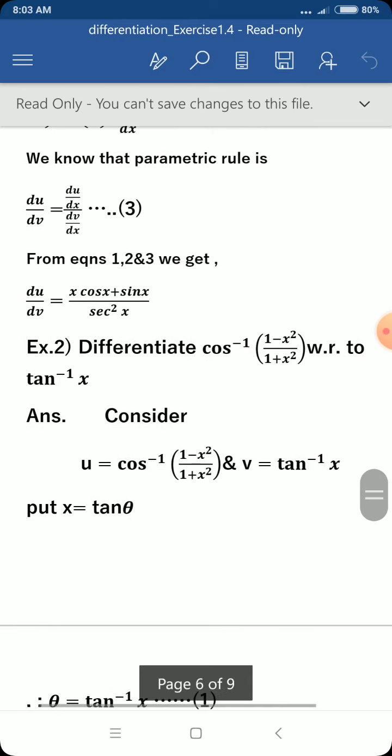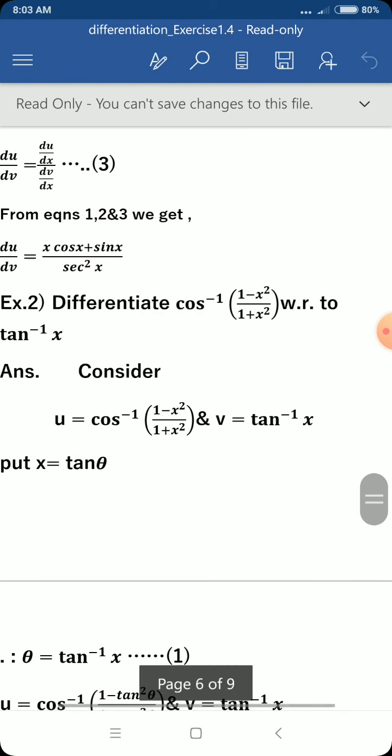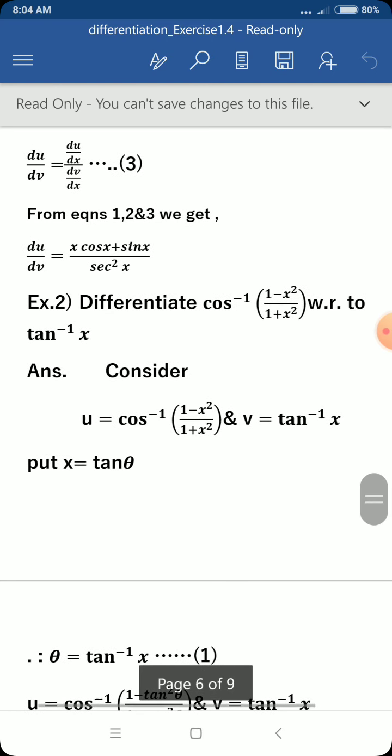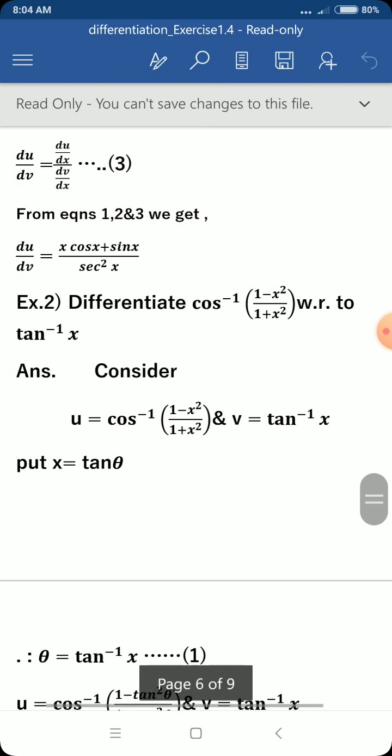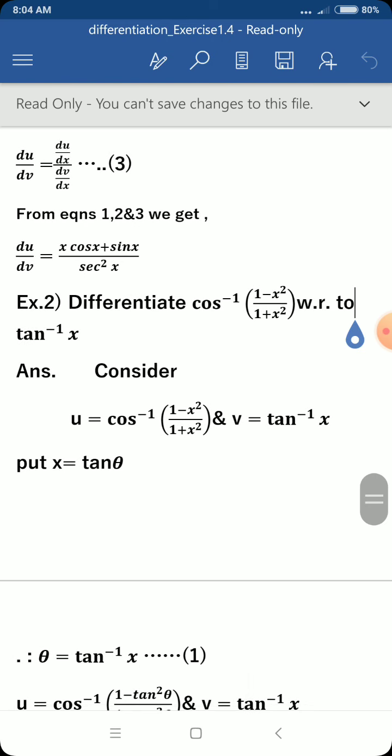Now, the second example of this type is: differentiate cos inverse of 1 minus x square upon 1 plus x square with respect to tan inverse of x. Now here suppose u equal to cos inverse of 1 minus x square upon 1 plus x square and v is equal to tan inverse of x.